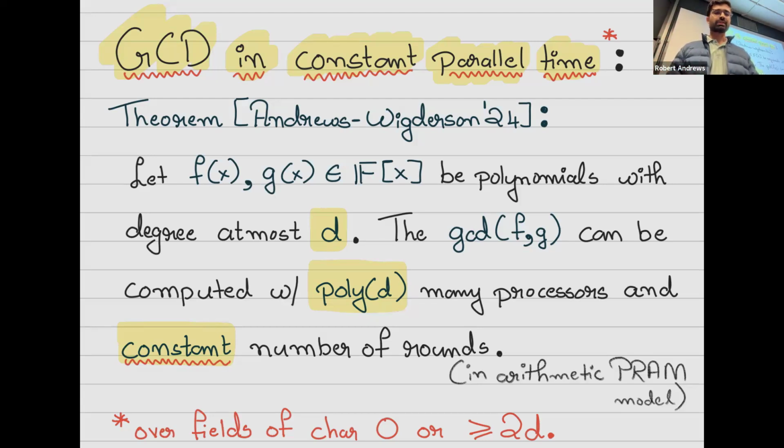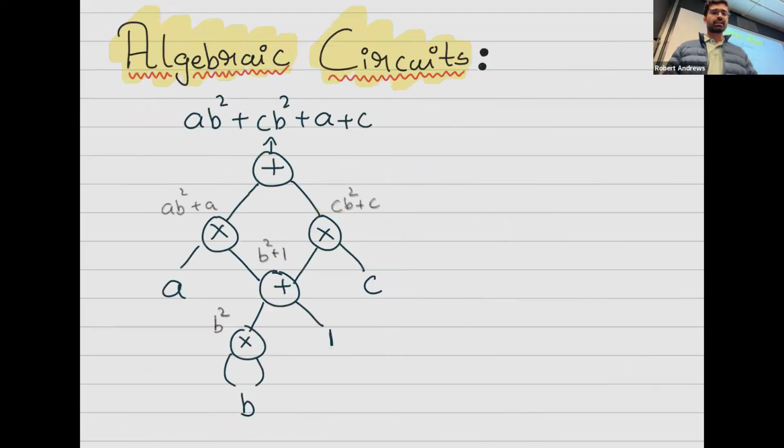Now I would like to rephrase this in the language of algebraic circuits, which will be useful for us in the talk. Let me define what algebraic circuits are. An algebraic circuit is like a DAG, the internal nodes being multiplication gates or plus gates. The leaves are variables or constants, and we say that this circuit computes a polynomial by propagating these computations upwards naturally, inductively.